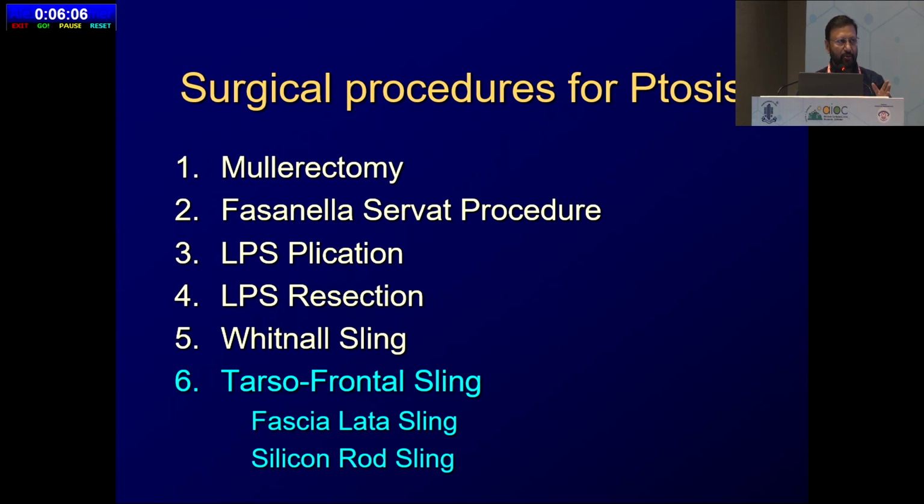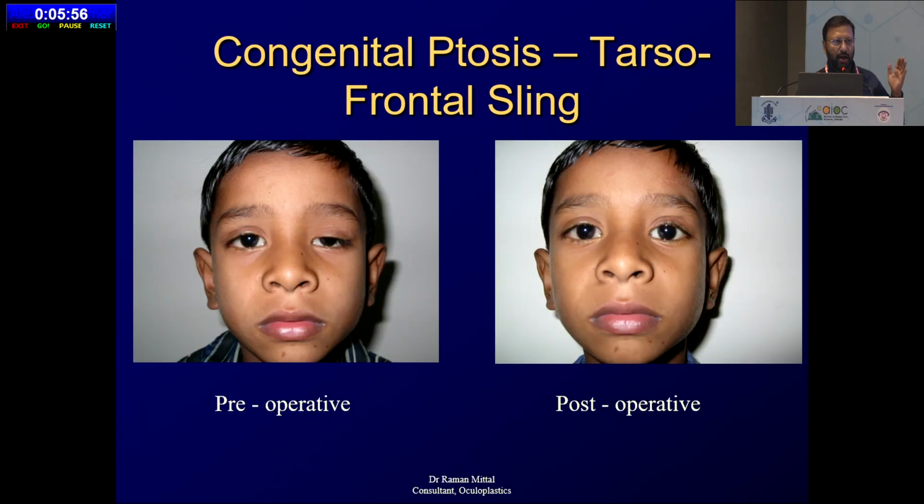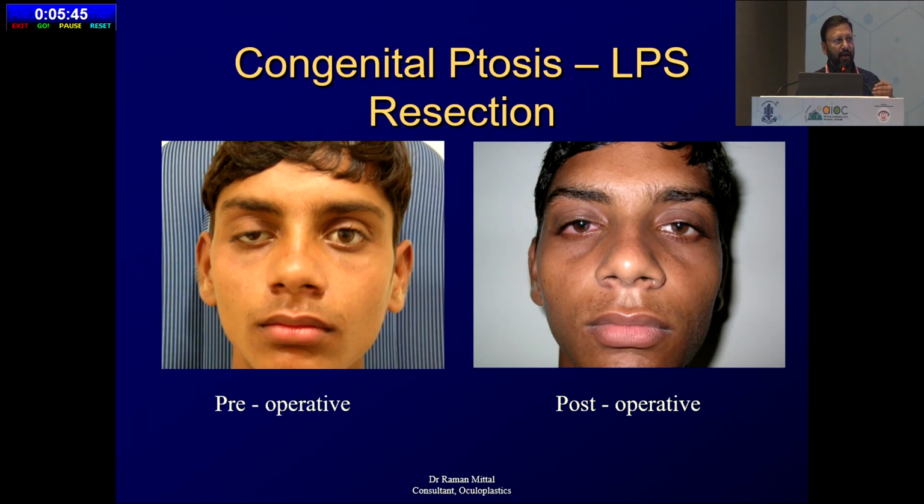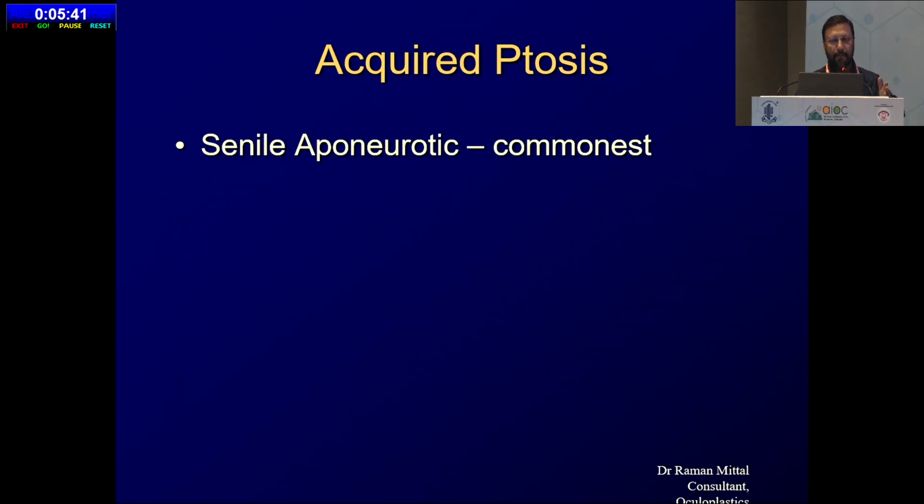And depending upon what findings we have, we decide upon the surgical procedure. Apart from congenital ptosis, with poor LPS action and moderate to severe ptosis, you go in for sling surgeries. If the LPS action is good, you do LPS resections.